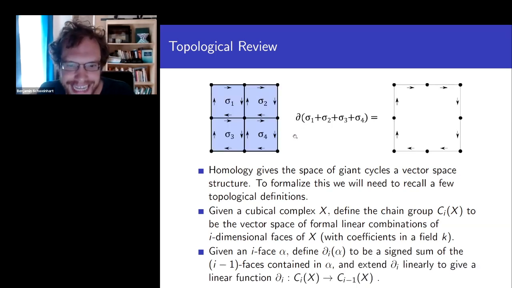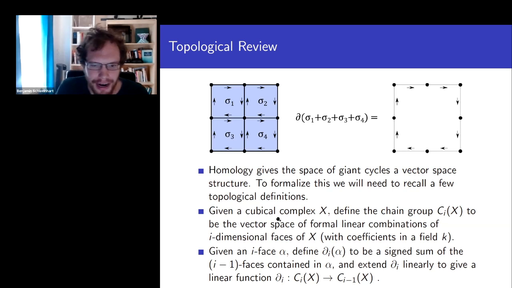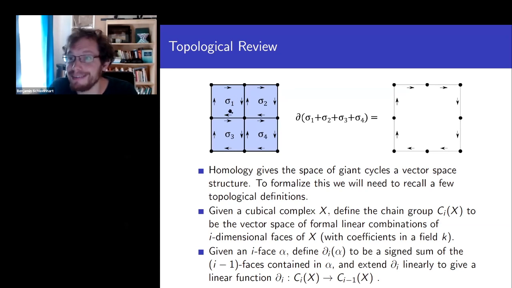Then we can extend that to the whole vector space of i-dimensional chains to give a linear map. So here we define the boundary map on a sum: we take the boundary of sigma 1 + sigma 2 + sigma 3 + sigma 4. You can work it out if you just take the sums, and it's important that you take the signs here.